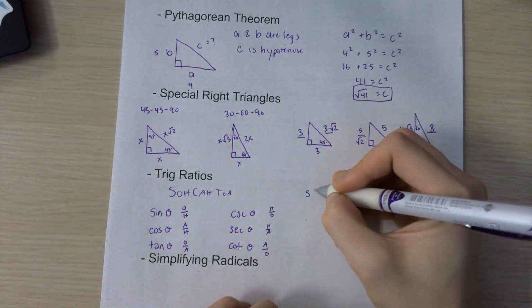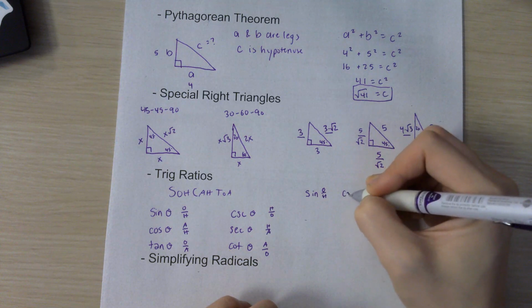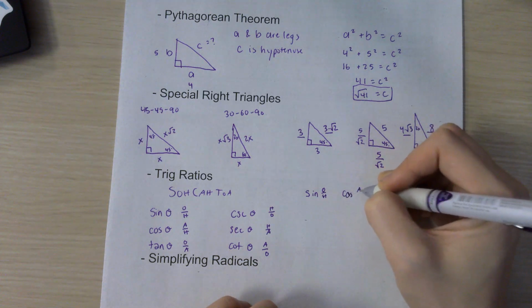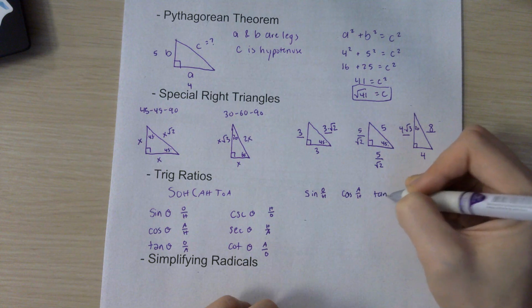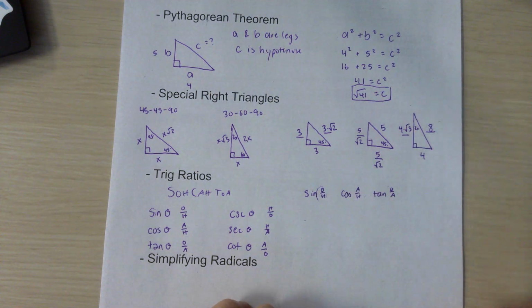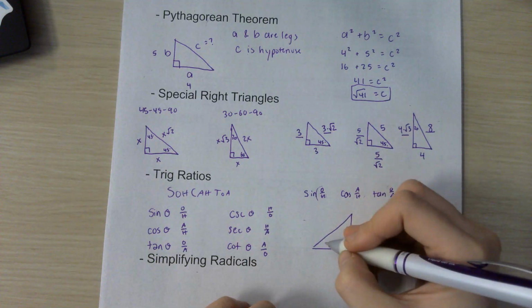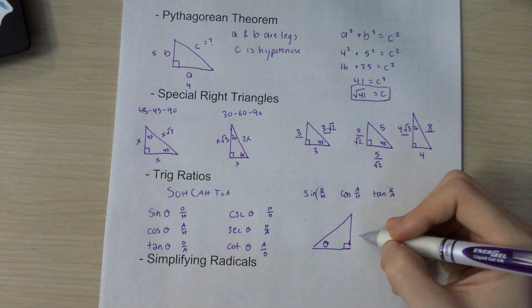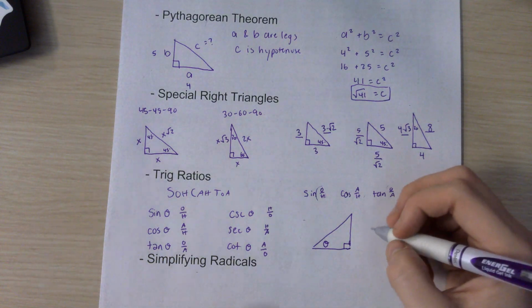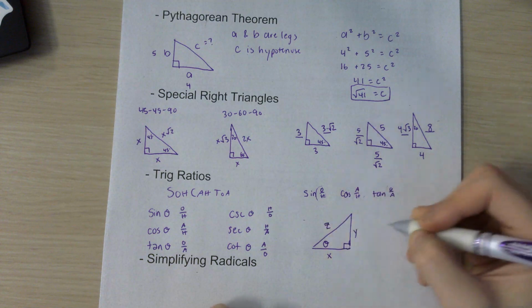Right? So that's how we get sine, cosine, and tangent. SOHCAHTOA. So if I were to give you a right triangle, I'm saying this is my theta, and I have x, y, and z.